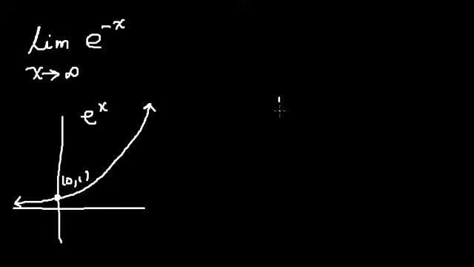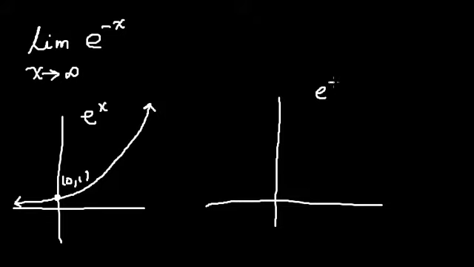Now, if I had e raised to negative x, then my function would be a reflection across the y-axis. So since this is the y-axis, my function should look like this.